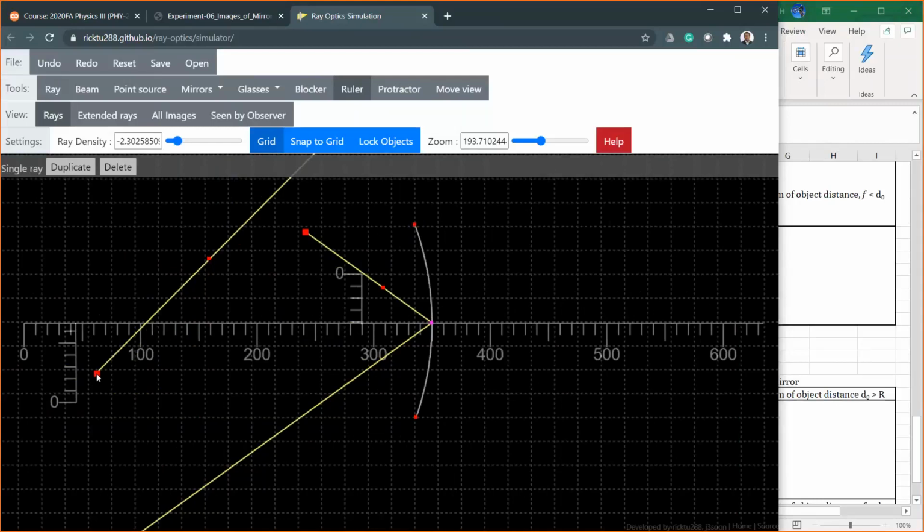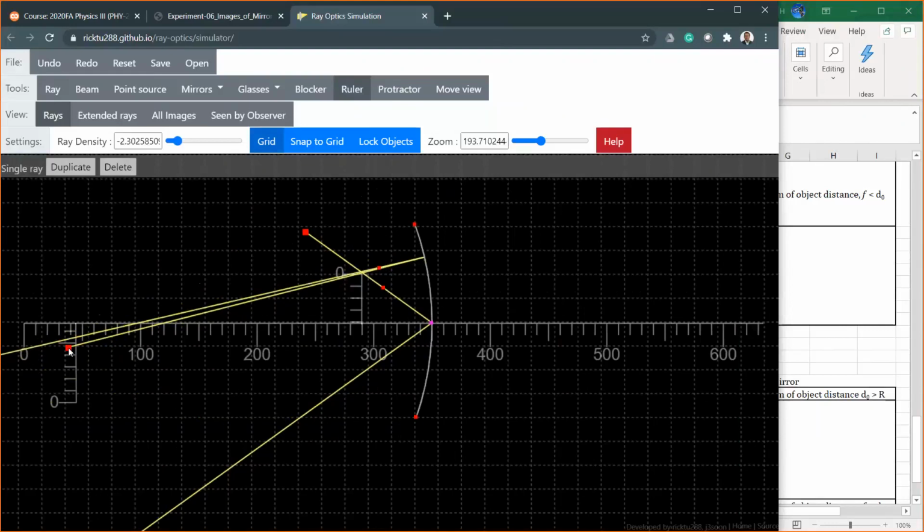So all we need is one ray passing through exactly the center of curvature point, and that ray should go through the top of the object. If that is the ray passing through exactly the center of curvature location, that ray must be reflected back on itself. That's what we're trying to draw here, okay?